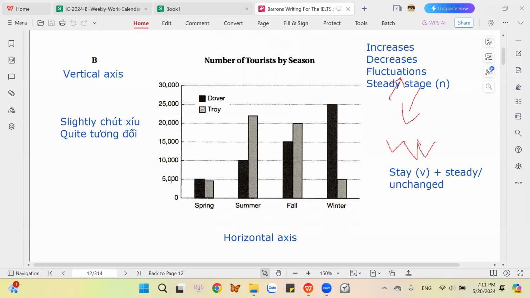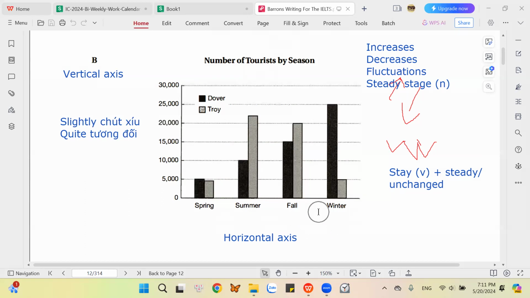So when we look at this kind of trend, we pay attention to the main subjects. How many are there? There are only two main subjects: Dover and Troy. Here we can see that Dover tourists are increasing season by season.